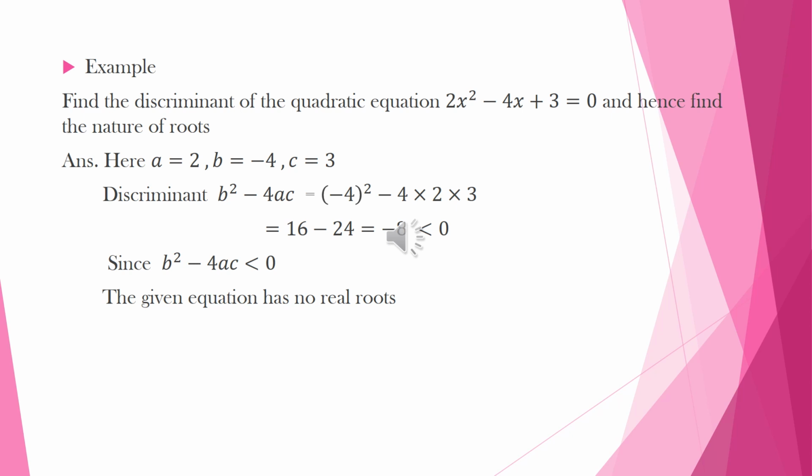Therefore, discriminant, that is b square minus 4ac, is equal to negative 4 square minus 4 into 2 into 3, which is equal to 16 minus 24, which is equal to negative 8, and it is less than 0. Since b square minus 4ac is less than 0, we can say there are no real roots for the given equation.